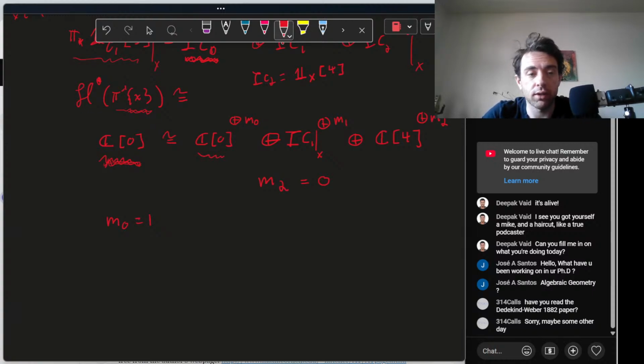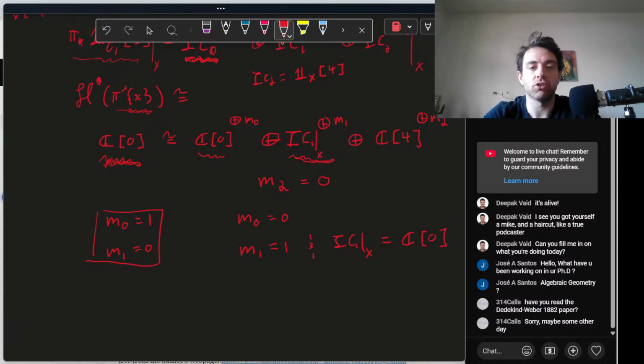If it were equal to 1, then M1 would have to be 0. There'd be no room left for this one. So that's possibility number 1. The other possibility is that M0 is equal to 0, but then M1 would be equal to 1.